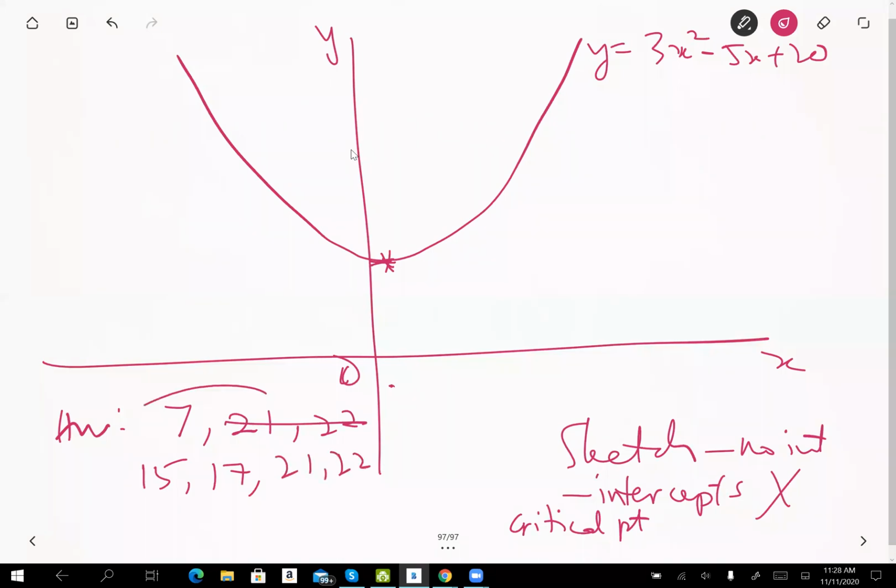Just practice: get the critical point and then break it into intervals and things like that.